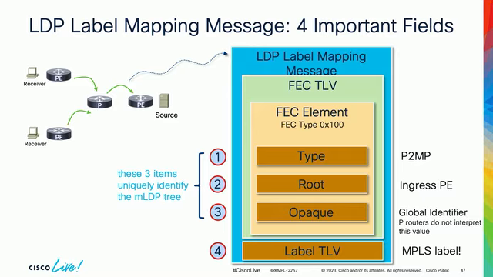The label is nothing but the local label which I'm trying to exchange between these 2 nodes. So if the topmost left P is exchanging this particular FEC with P, it is going to send which label I'm going to use.